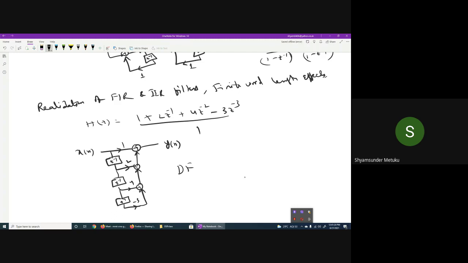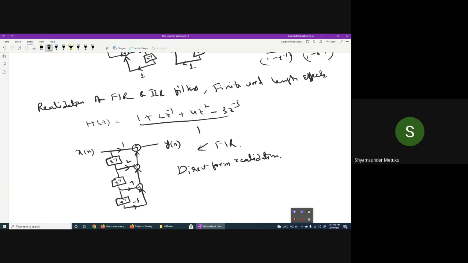Direct form, that's it. For FIR, there is no form 1 and 2. Correct or not? Is it clear? Direct form realization. Is it okay? Yes, sir. This is FIR.